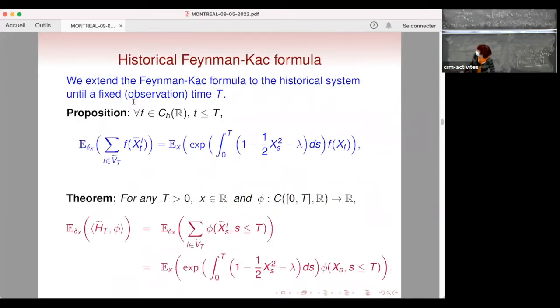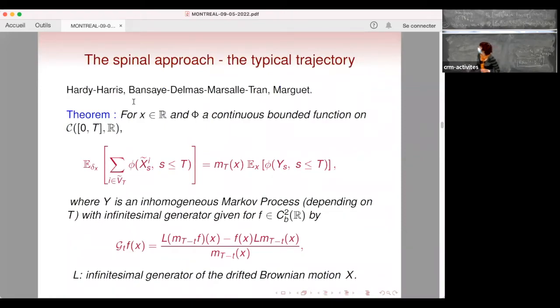And that means that it is equal to this exponential, with this multiplicative weight, divided by the expectation of this weight. The weight is the exponential of the integral from 0 to t of h of x s ds.